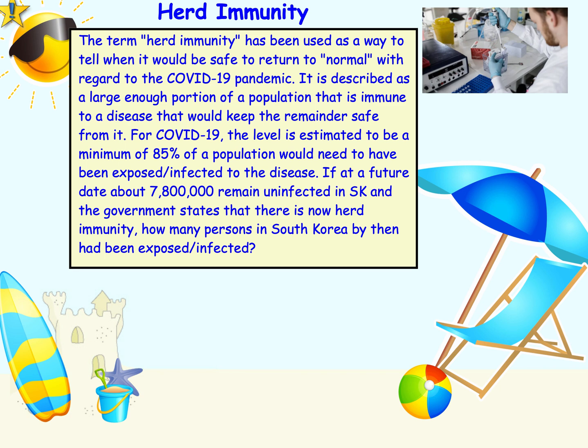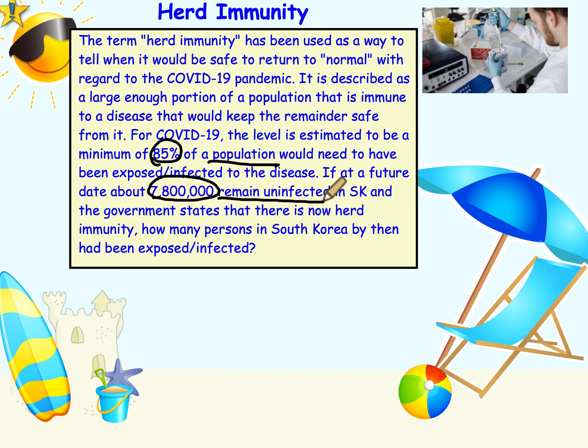Okay, so how would we go about solving that problem? First we need to define a variable. We need to know what the population of Korea is, but we don't know it. We just know that 85% of the population would need to have been exposed, and that 7,800,000 remain uninfected in South Korea if we are at herd immunity.